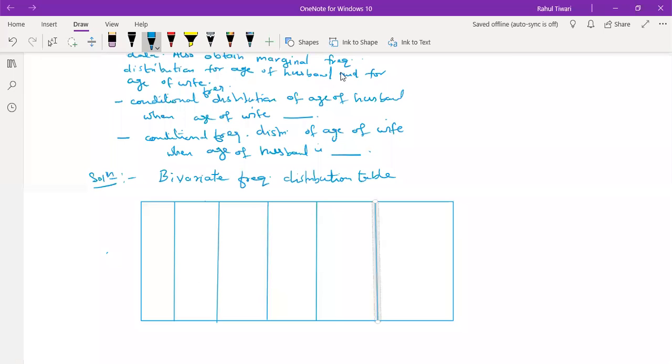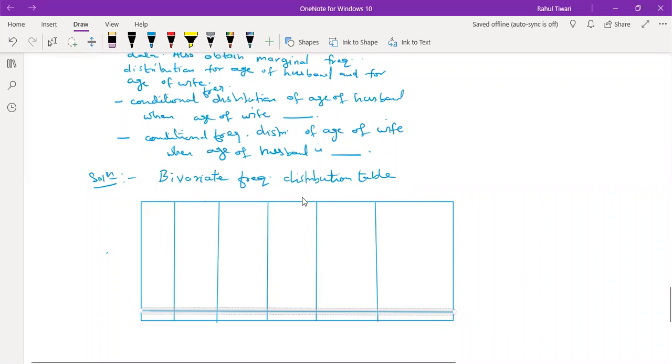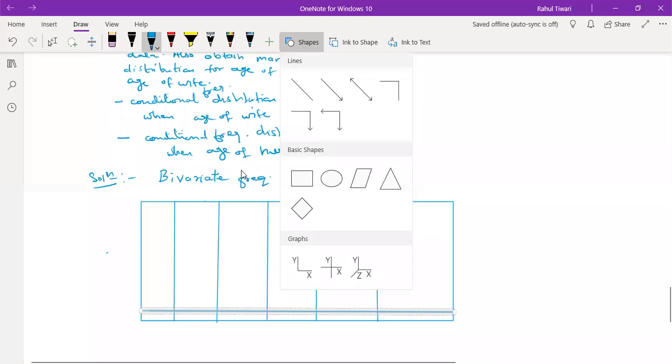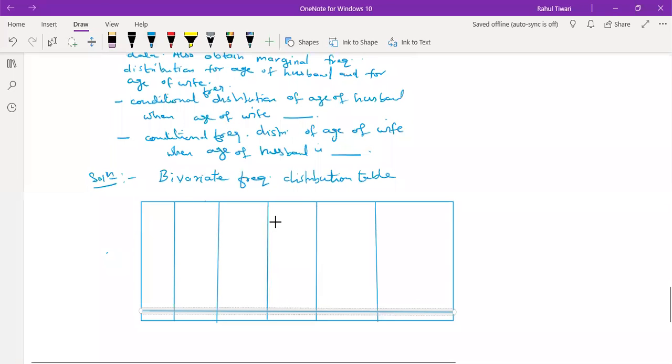These things are required. I can take the total of this, even the total of the main heading. So this looks like a bivariate table.